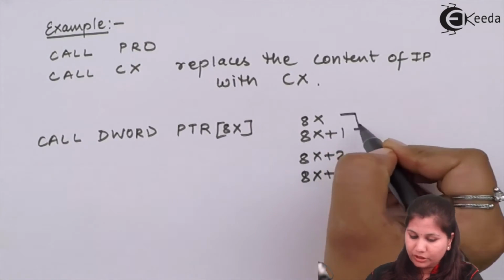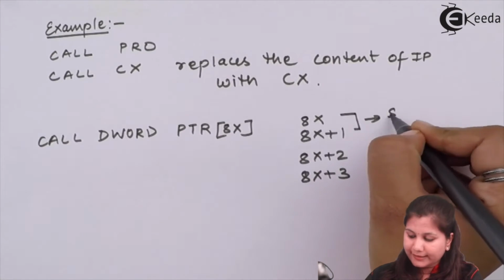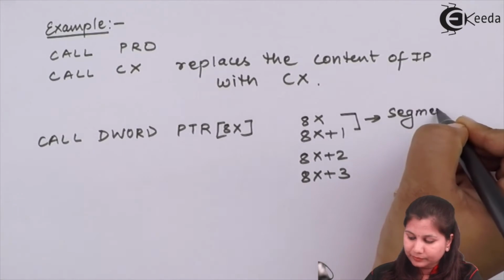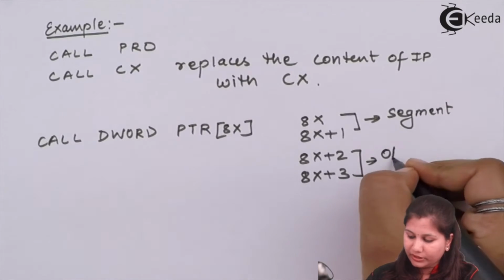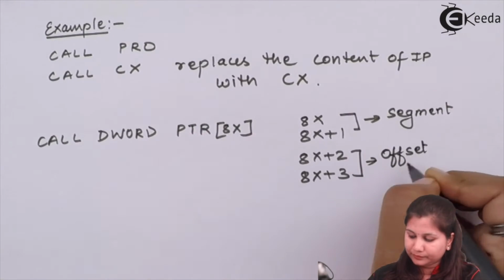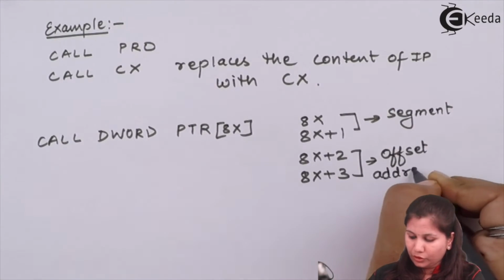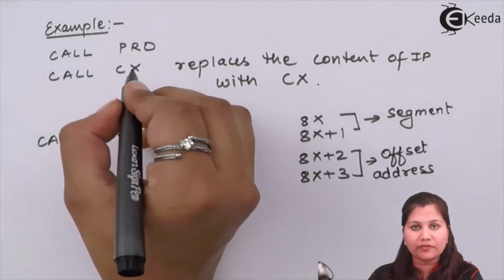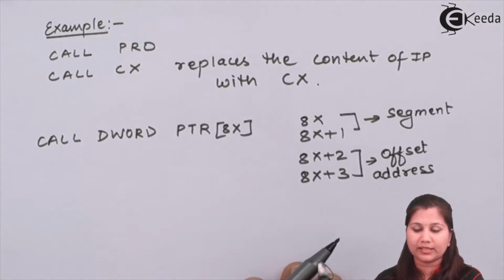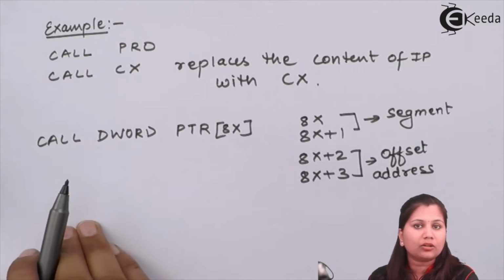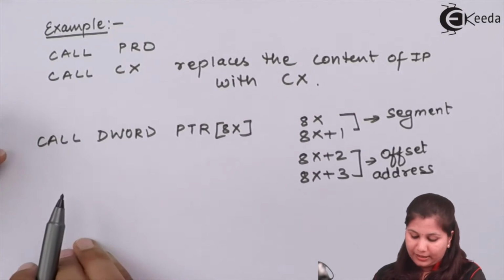Two of these memory locations hold the segment address, and the other 2 hold the offset address. So here you can see that only the offset address is provided in the near call, and here both segment and offset address are provided. So that is the call instruction.